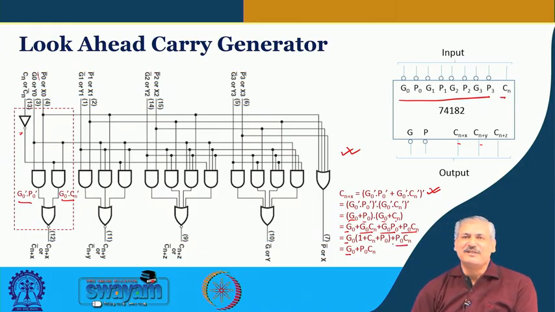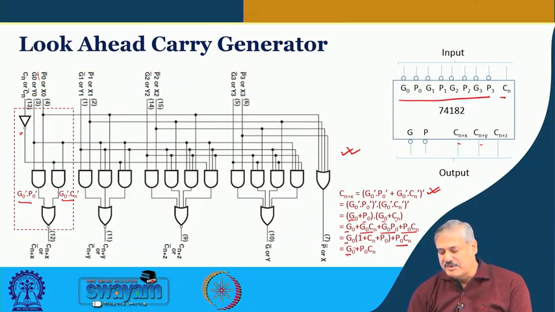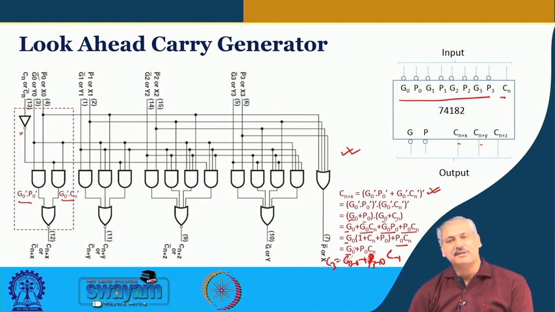So, you get back the basic equation G naught plus P naught Cn, where Cn here is C minus 1, the one that we have used in that concept. So, this becomes your C1, and if it is group carry, these are the group carry terms, this is G320 plus P320 times C minus 1, this is your C3. Okay. Have you understood it?